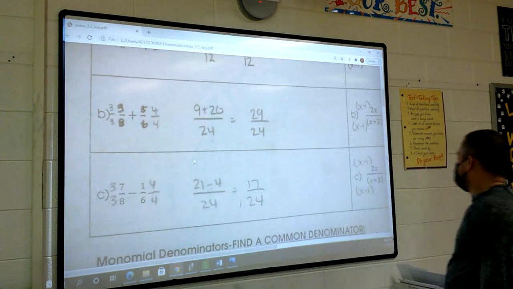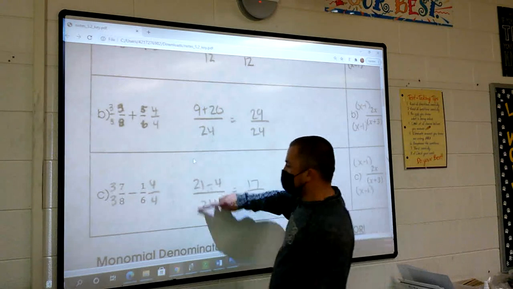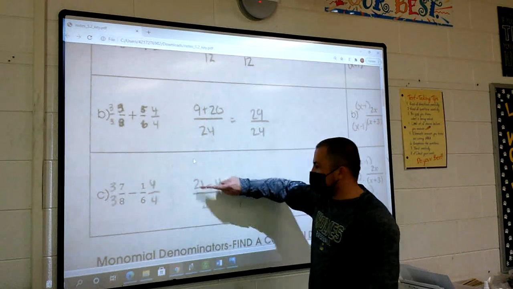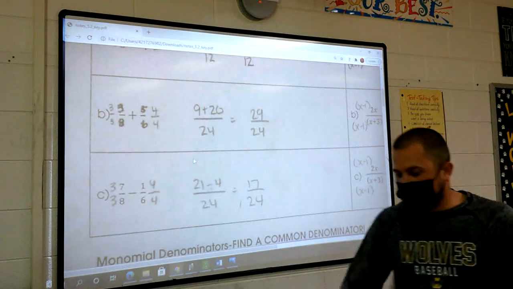So you multiply the left side by 3, you multiply the right side by 4. When you do that, 3 times 7 is 21. 1 times 4 is 4, and you'll subtract. So you got both denominators to 24, so you can say 21 minus 4 is 17. So 17 over 24.